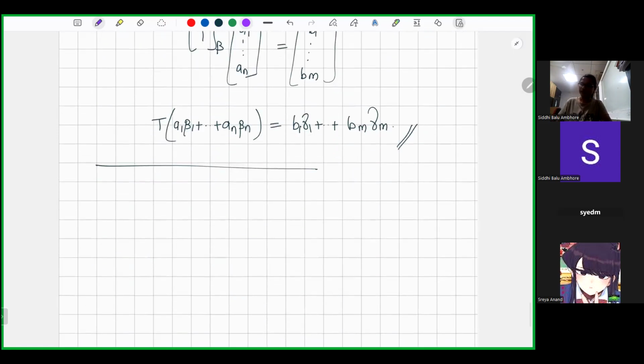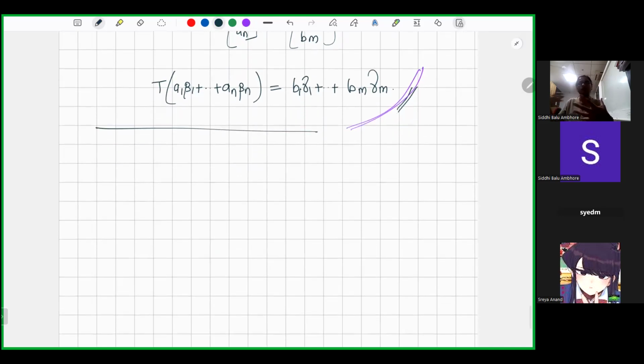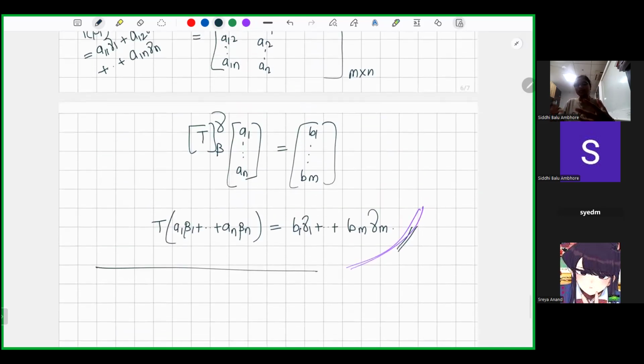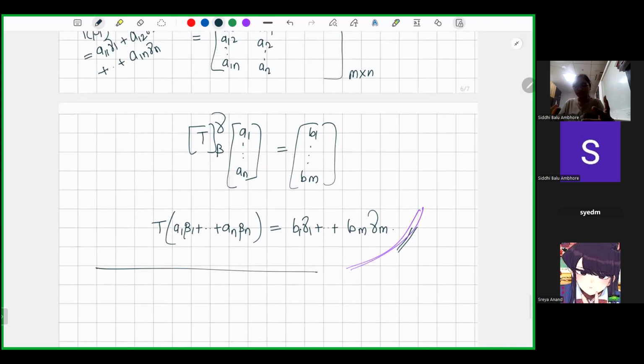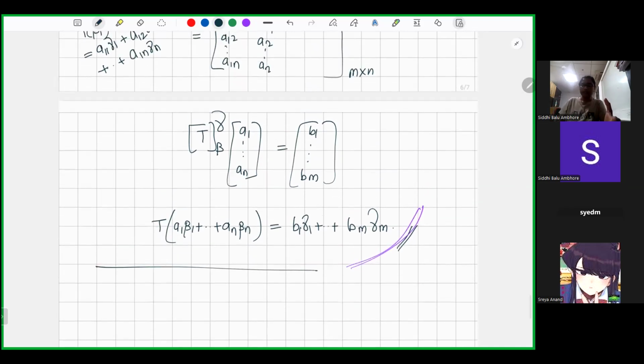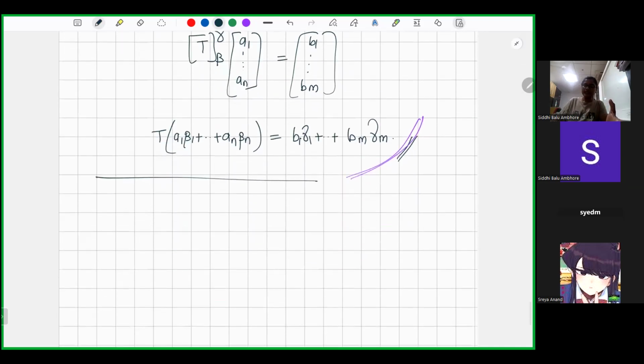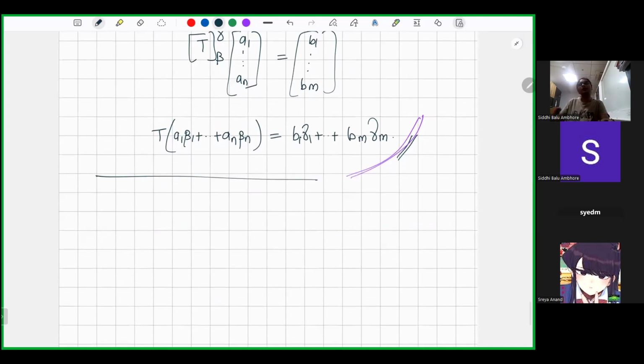From here to here, try to do this with some example of a 2 cross 2 map, I mean R2 to R2, just choose two bases. We will do that, but for yourself, take a basis, see what its linear transformation matrix is, and evaluate it and see whether what we are doing is giving us exactly what we want or not.